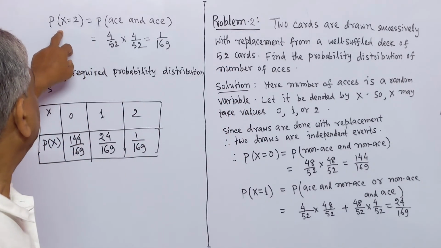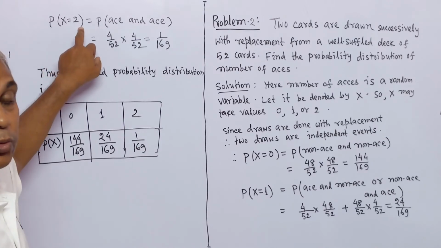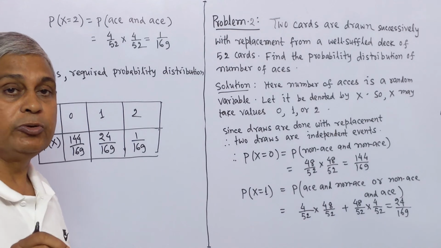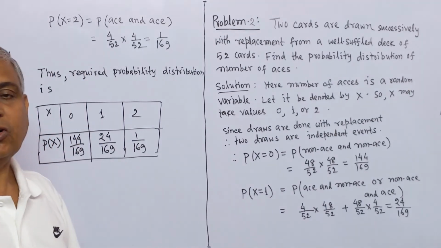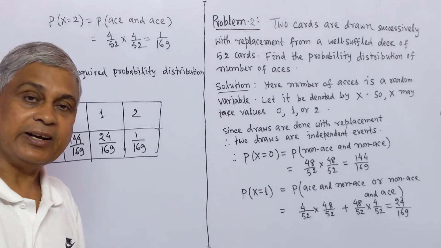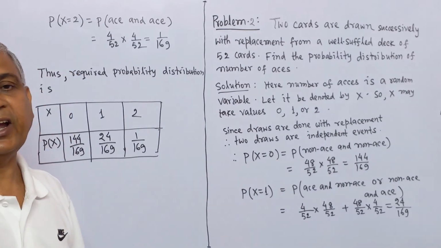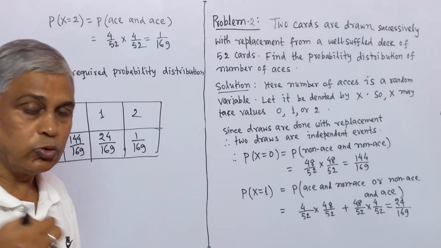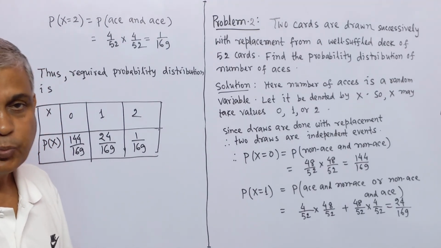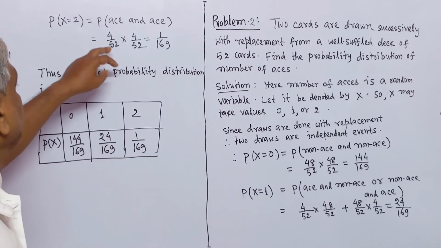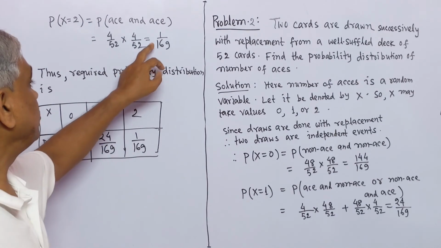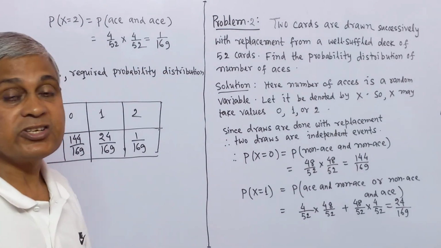For probability x equal to 2, the number of S's is 2, which is possible if in the first draw we get an S and we return that card to the deck, and in the second draw we get an S. Since the two draws are independent events, the probability will be 4 by 52 multiplied by 4 by 52 equal to 1 by 169.